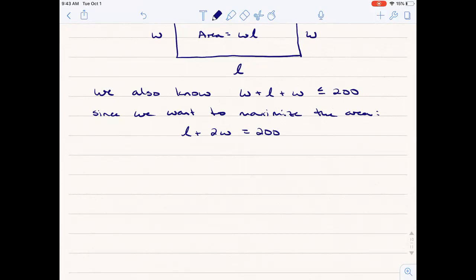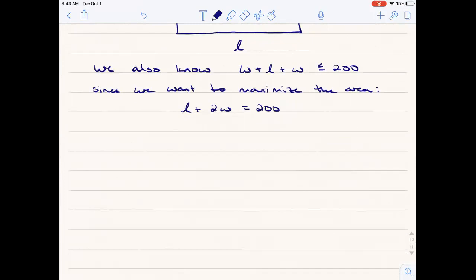Here, recall that the area is the length times the width. Trying to figure out what the area is, essentially here you've got two equations, two unknowns.